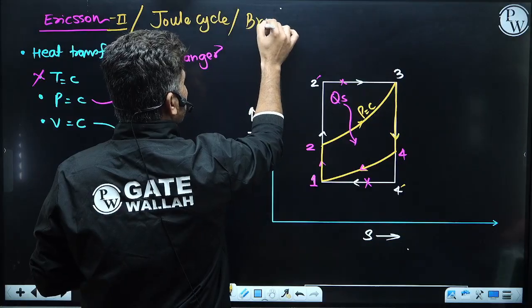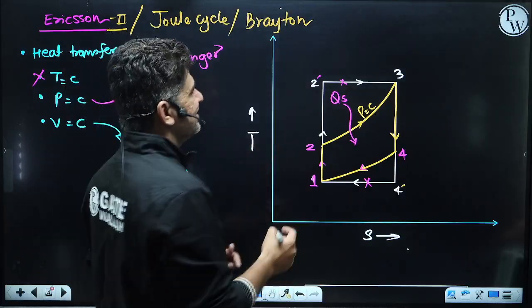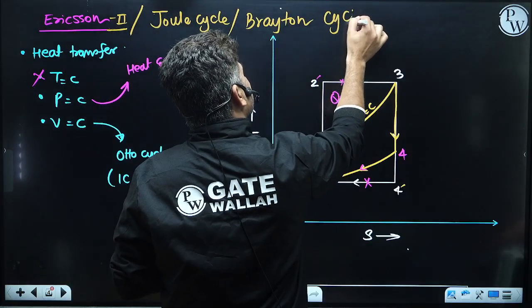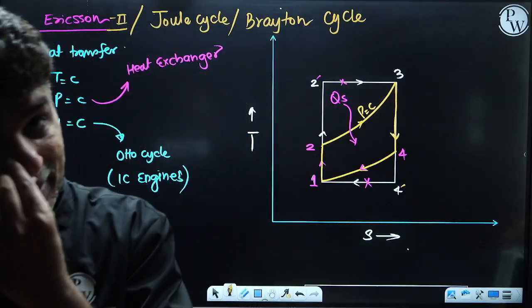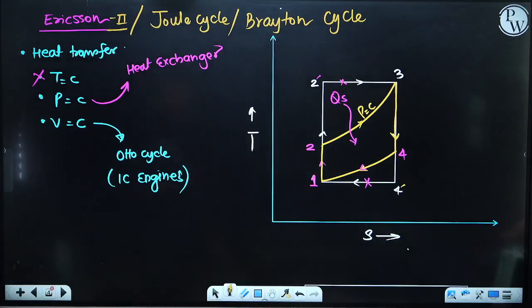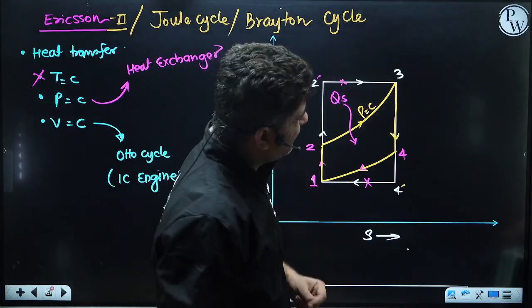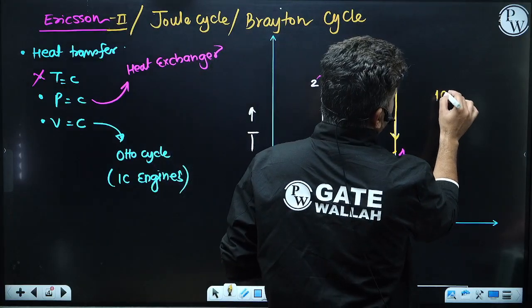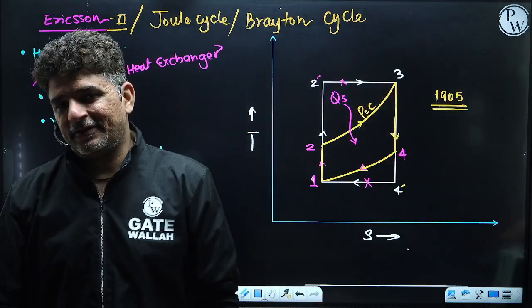And there is a person called Brayton. He also said that he designed this cycle first. So this cycle is called the Ericsson 2 cycle, or the Joule cycle, or the Brayton cycle. Okay, and this cycle was used in a gas turbine first in 1905 to propel an aircraft.